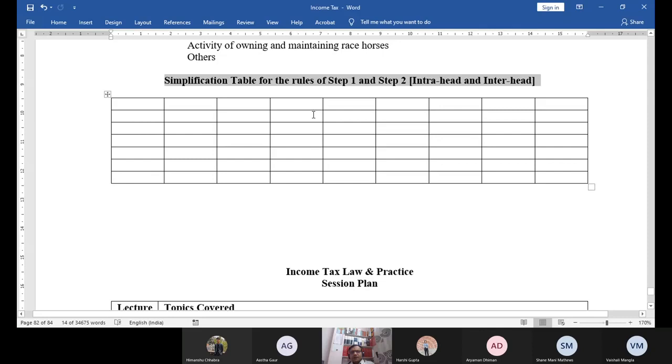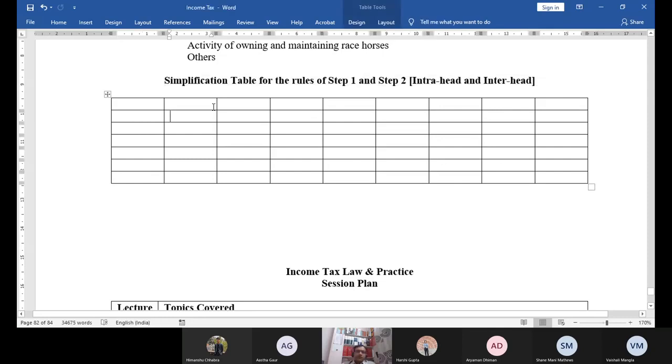Now, let me try to show the losses in different columns.